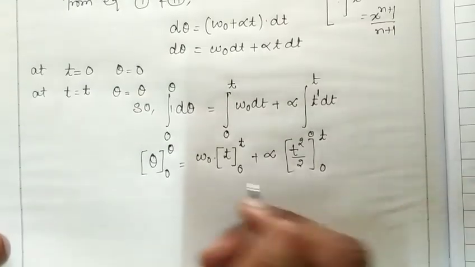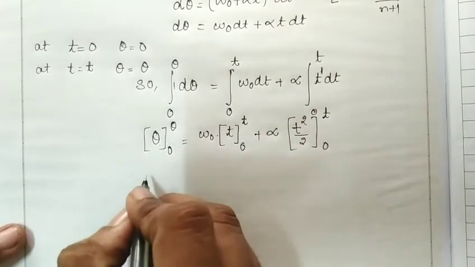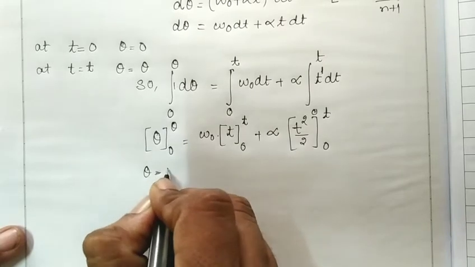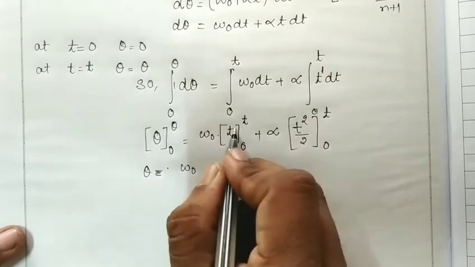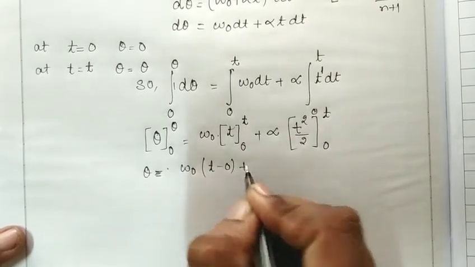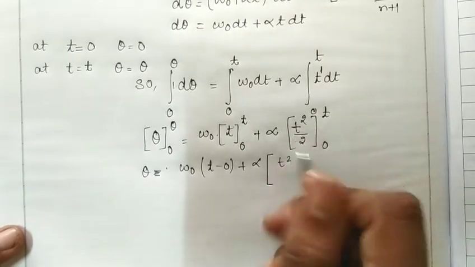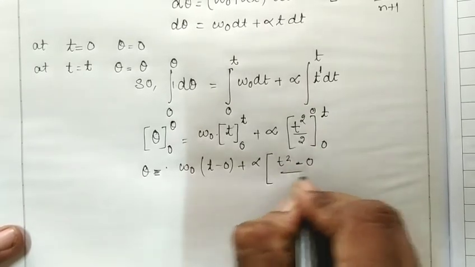So let's put in the limits. Theta minus 0 becomes theta, is equal to omega naught times t minus 0, and alpha times t square, and when t is 0, 0 square is 0, by 2.